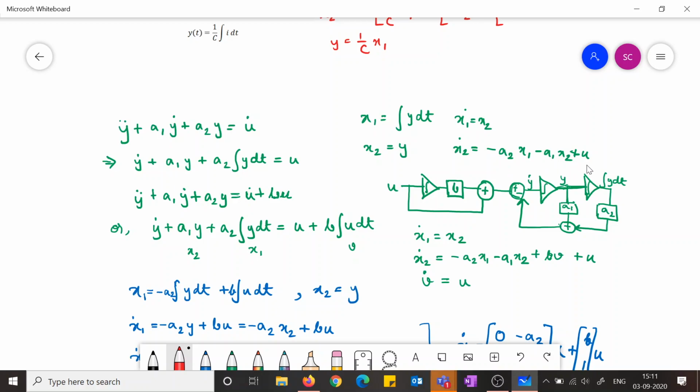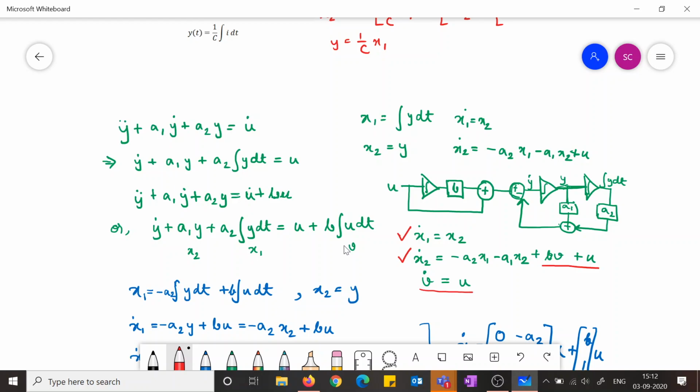If I define x1 and x2 like this, then I get x1 dot equals x2 obviously, and x2 dot is y dot, and for y dot I take everything to the right hand side. While doing so, not only u comes in the RHS, but also bv comes, B into v, where v dot is u.